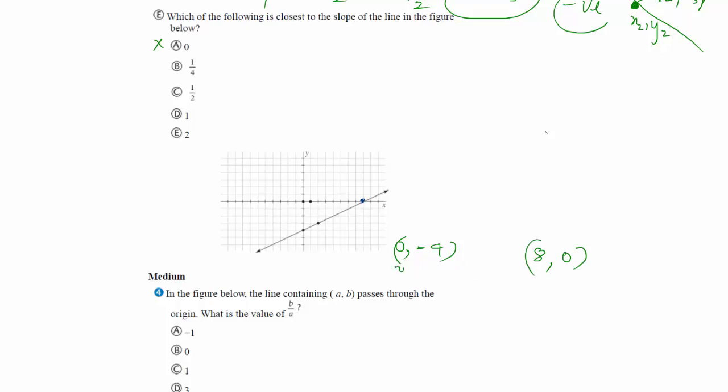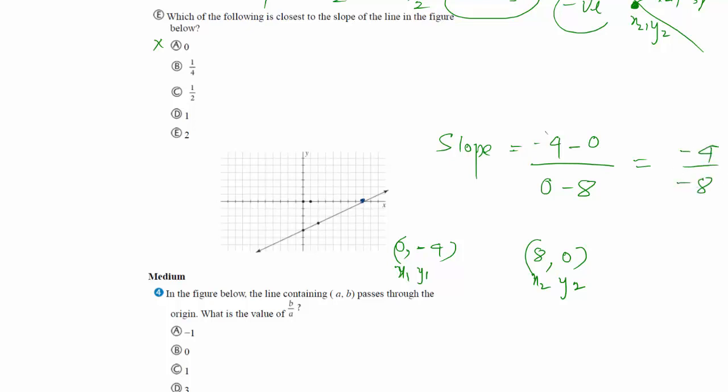So we are getting x1, y1, x2, y2. Now we can calculate the slope. Slope is equal to y1 minus y2, that's -4 minus 0, divided by x1 minus x2, that's 0 minus 8. So that's -4 divided by -8, that is 4 over 8, that is 1 over 2, because negative and negative will cancel out.